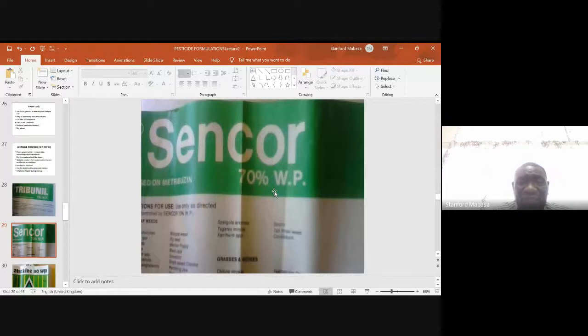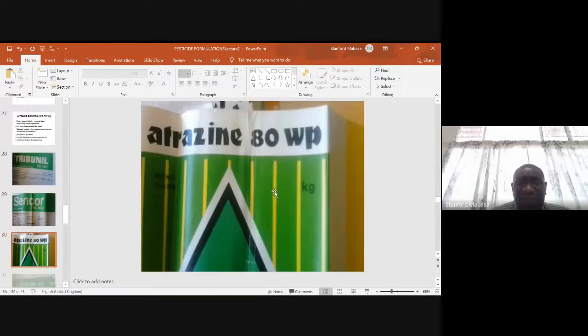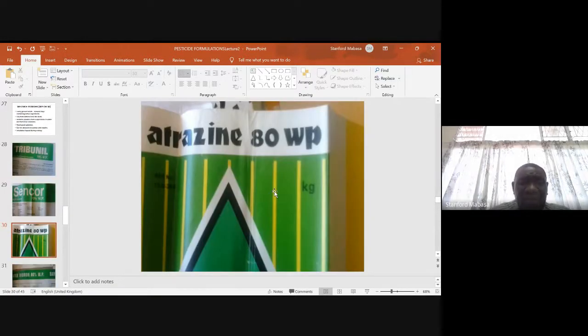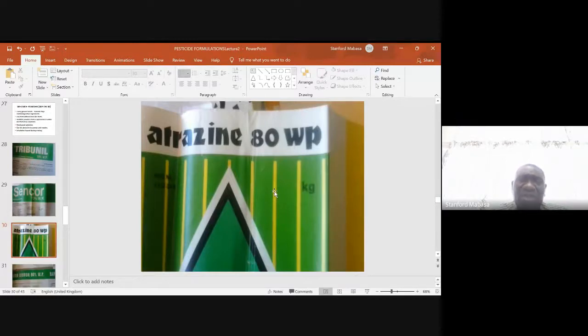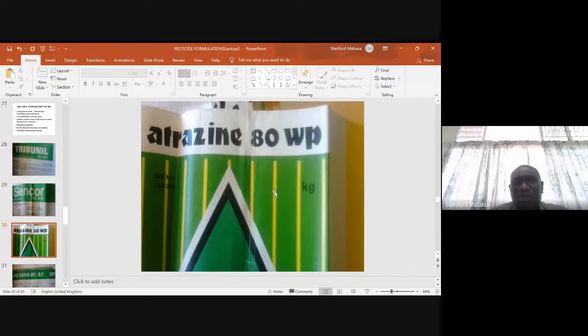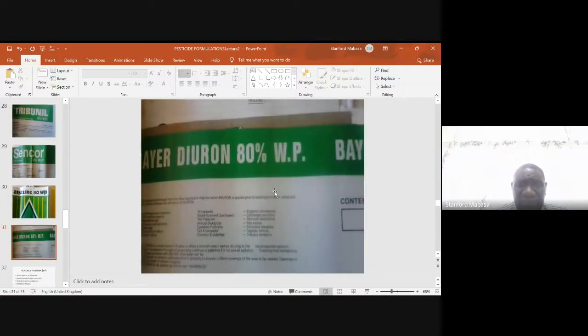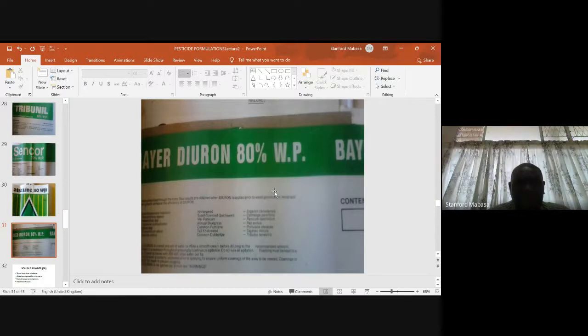We also have Sengo, which was sold as WP. At some point, atrazine also was sold as WP, but nowadays we have FWs, the flowables. Iron also WP.